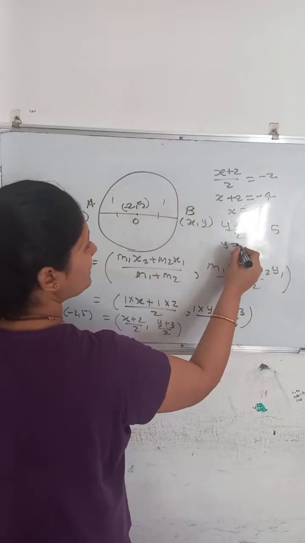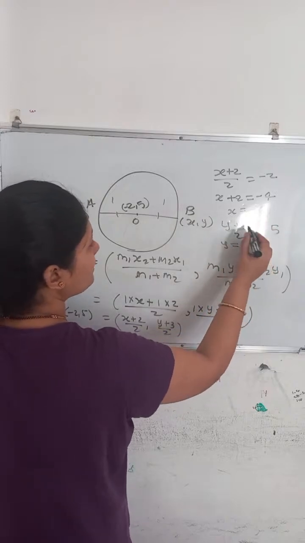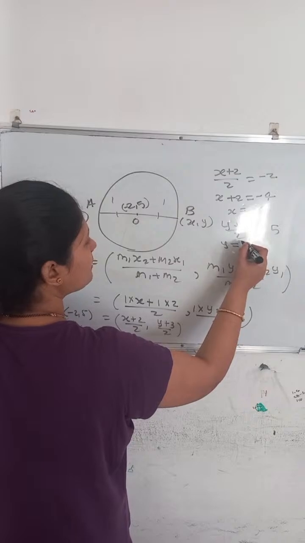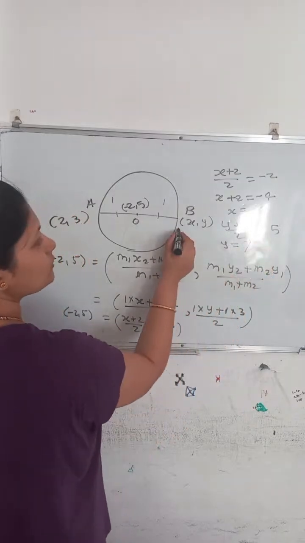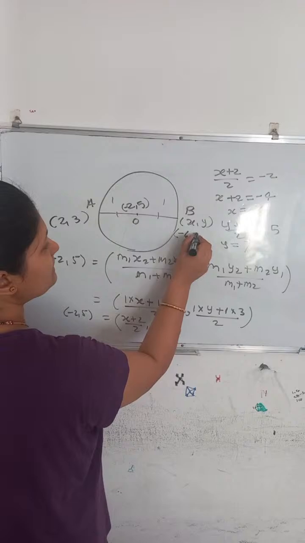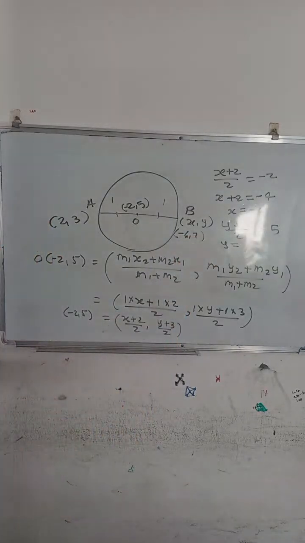So y is 2 fives are 10, and 10 minus 3 is 7. So the other coordinates will be minus 6 comma 7. So this is the answer. The answer is minus 6 comma 7, that is option D. Option D is the correct option. Getting this?